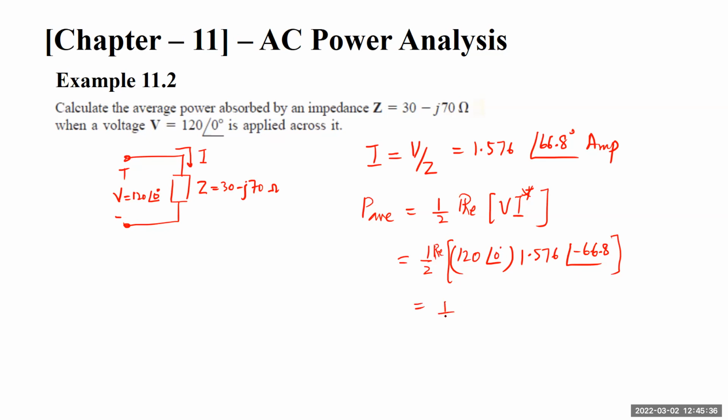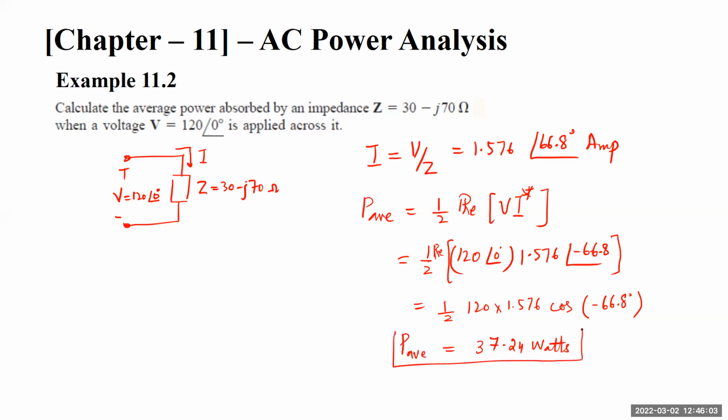If I take the real part, it will be again 120 into 1.576 cos of minus 66.8 degrees, and this again turns out to be 37.24 watts. Right, so this is the average power that is absorbed across this circuit.